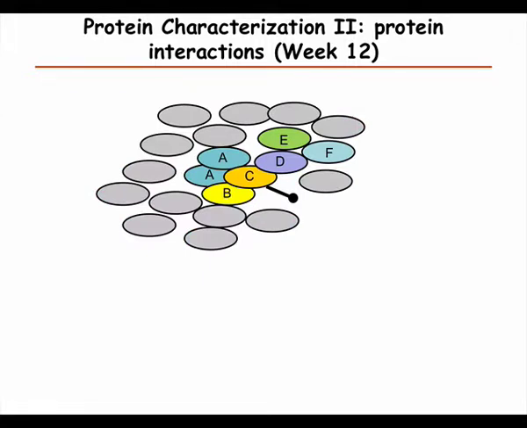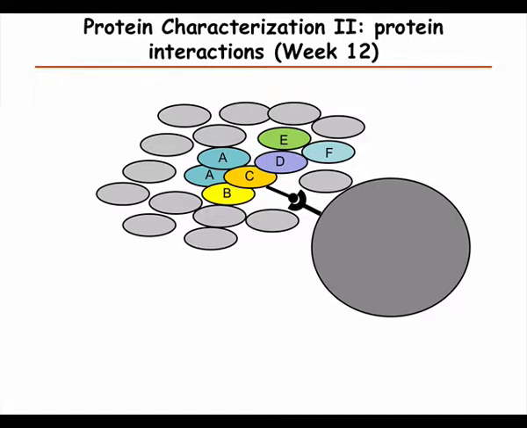So we have a lot of other proteins in the cell, and then we often use a magnetic bead to pull out the tagged protein, and the idea is to wash away as many of the irrelevant proteins as possible, but not disrupt the actual complex.